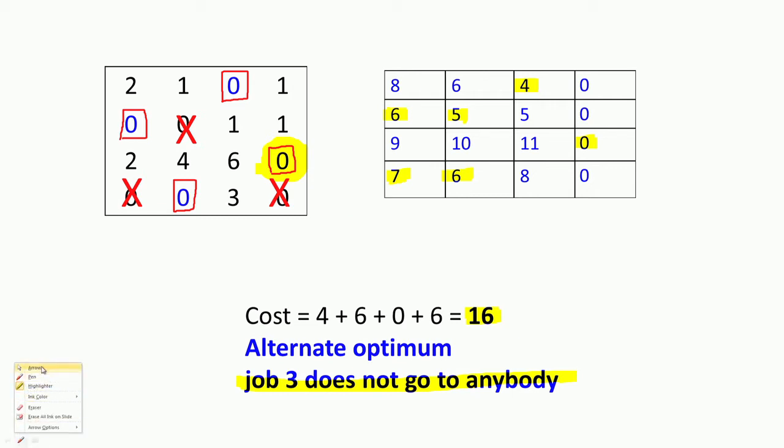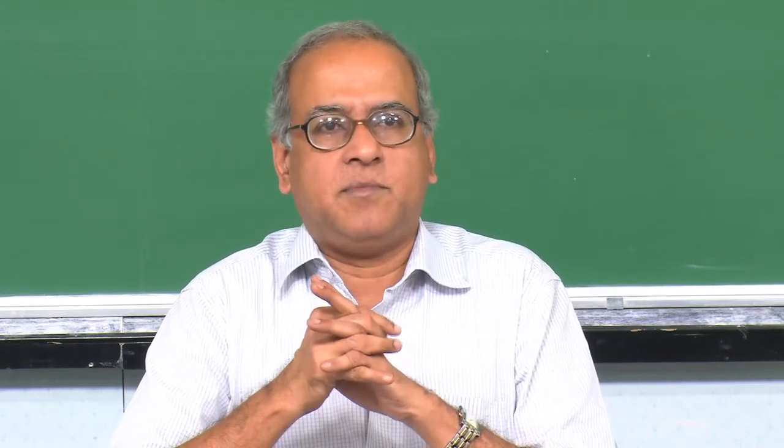Now, we have seen the assignment problem solution by actually considering 4 examples. The first was the straightforward example where the row minimum, column minimum subtraction gave us a feasible solution, which was optimum. In the second example, the row minimum, column minimum did not give us a feasible solution, so we learnt the ticking and line drawing procedure through that.